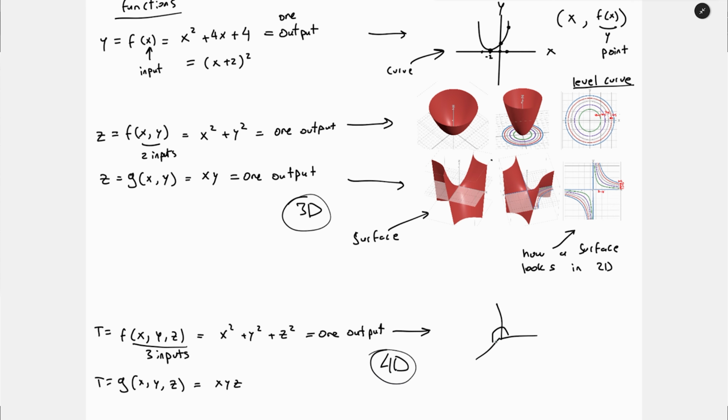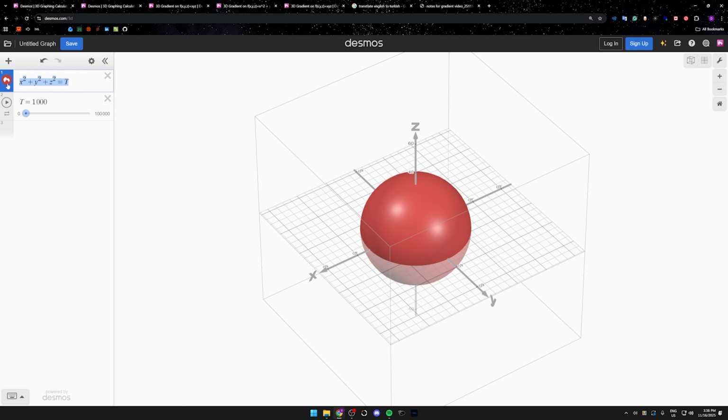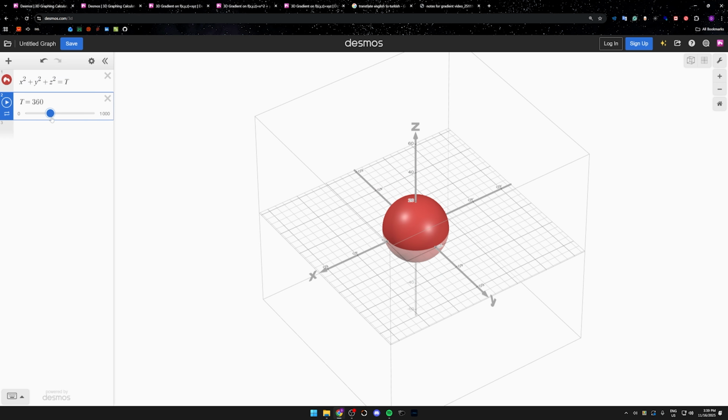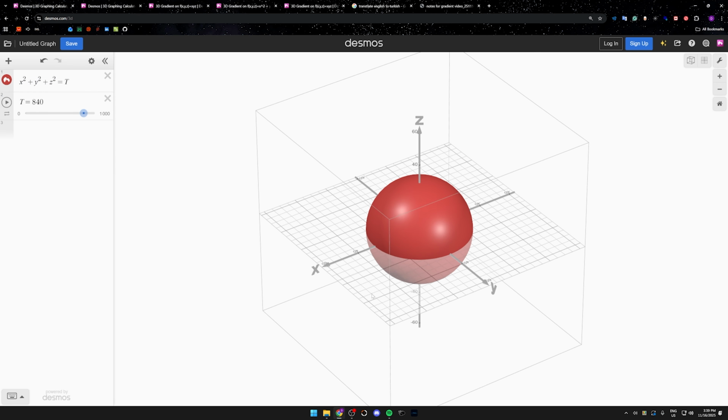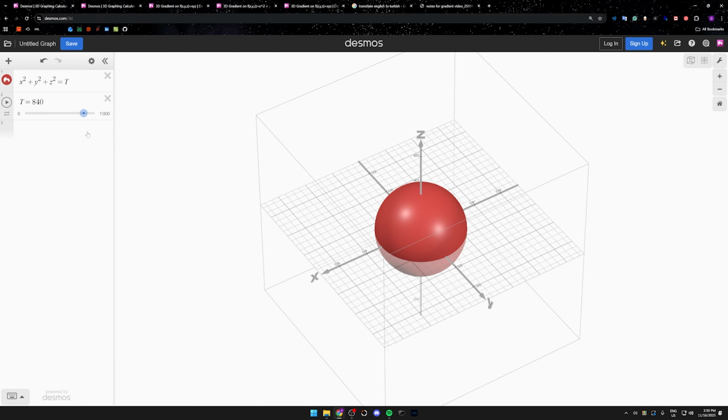So now we have surfaces, and they're just expanding outward. I will show that in Desmos again. We got this function, right? Our function is x squared plus y squared plus z squared. And as our t changes, we can see that this is now like a volume. This is not like a surface, but assuming that t is everywhere, like t is all numbers, just the rational ones of course, we get this volume everywhere.